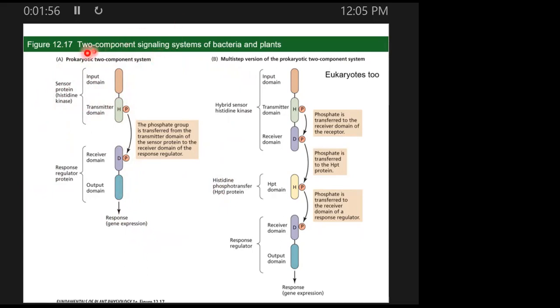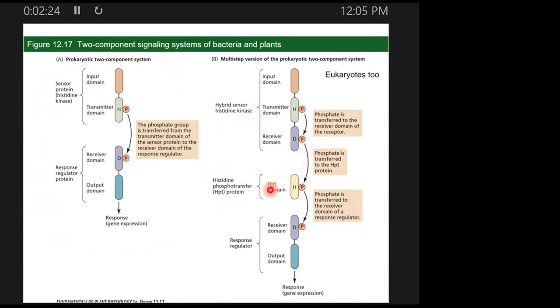And just through a simple phosphate transfer from the kinase to the response regulator, you can get that signal cascade kicking off. And so plants have evolved from that idea, and they can tweak it through the evolutionary process. So here you see that there's a middle protein involved in the cascade. But again, the big picture idea is that you have phosphates being transferred as a way to start sending the signal into the cell and ultimately get some shift in gene expression.